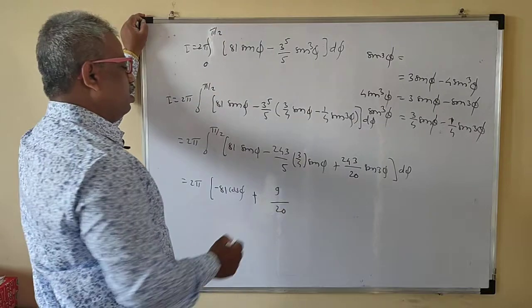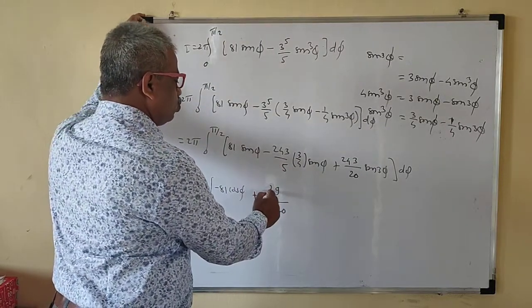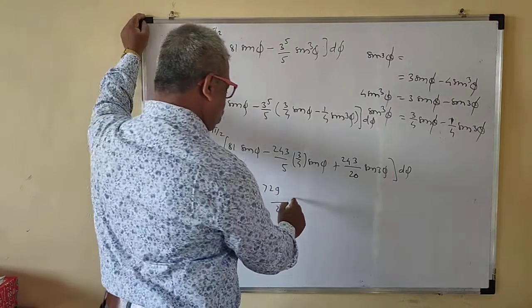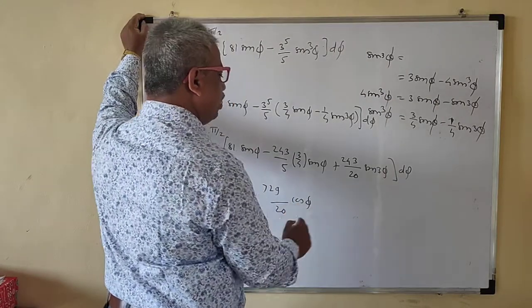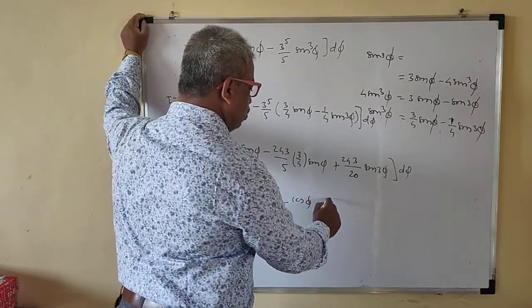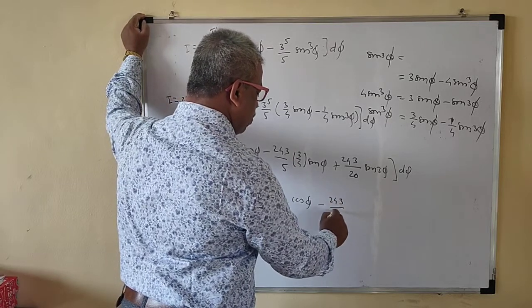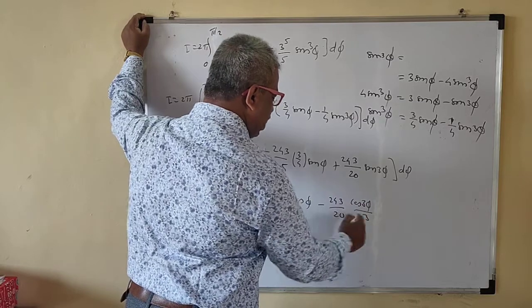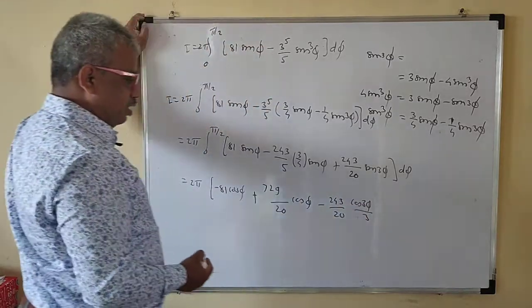So this is 9, so this is 12, this is 729 cos phi, minus 243 upon 20 cos 3 phi upon 3. Why is this minus? Because integration of sin is minus.